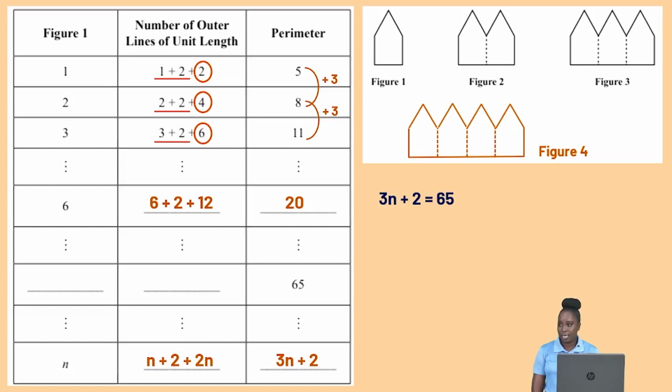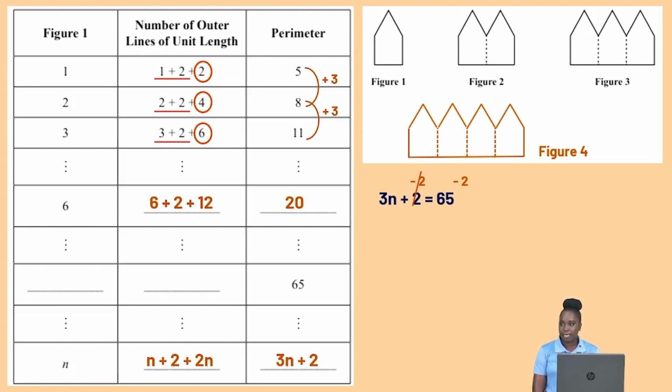Now this is a linear equation, and what we need to do is solve for n, because that would give us our figure number. We know from our previous lessons and from practice that we would start with minusing 2 since 2 was being added. And what we do to one side, we must do to the other side.